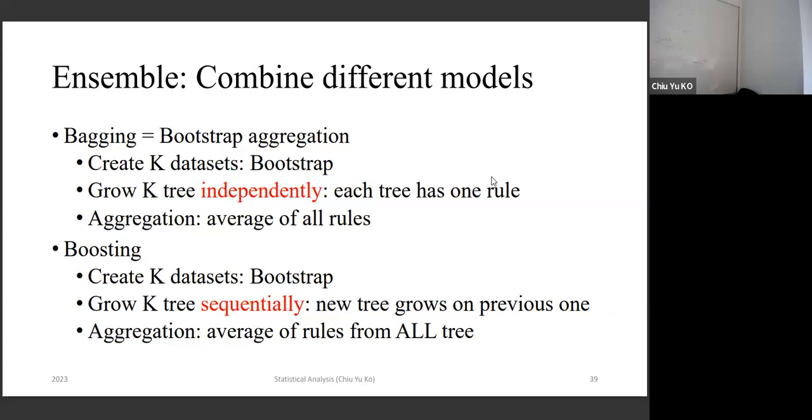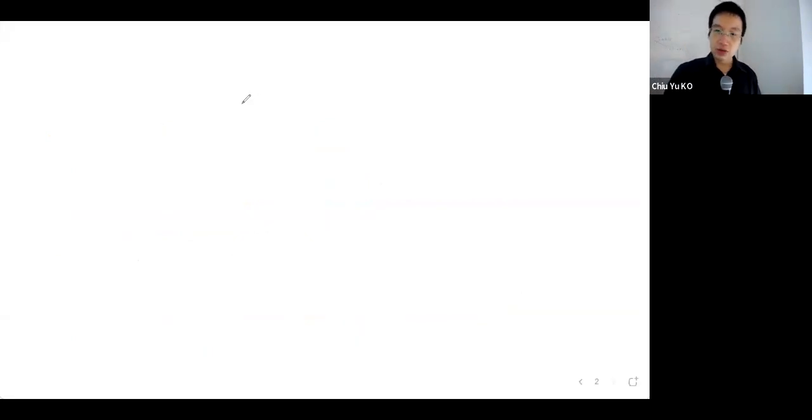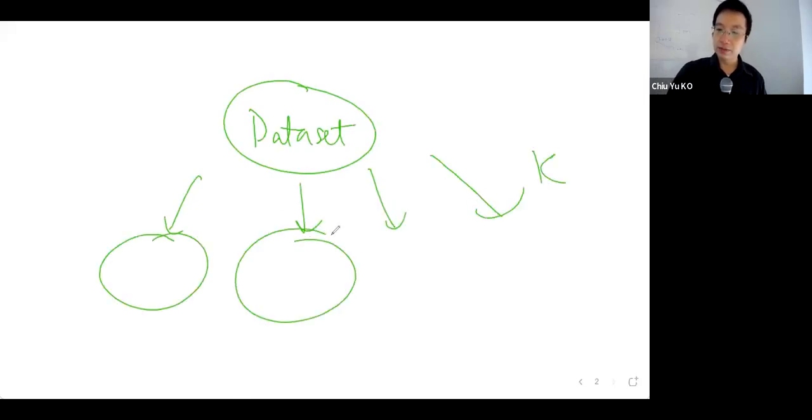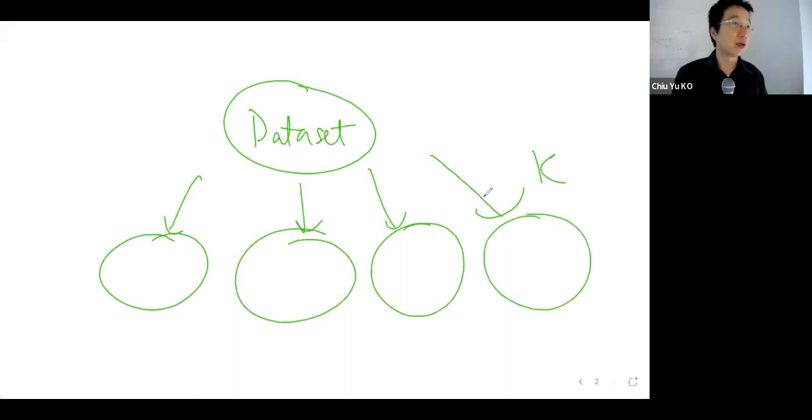Let me draw a diagram, maybe easier. The first method is the following. Regardless of what, you have one data set, and then you do the bootstrap method to get K different data sets. Bagging asks you to grow a tree for each.